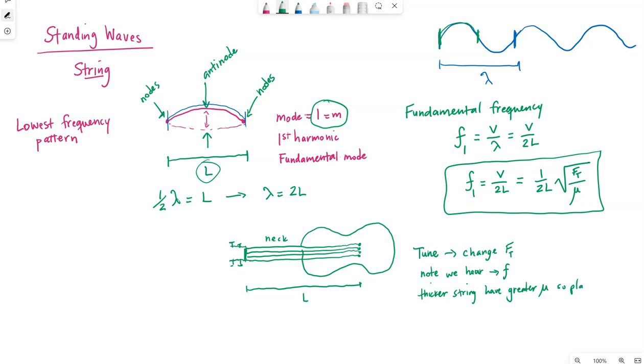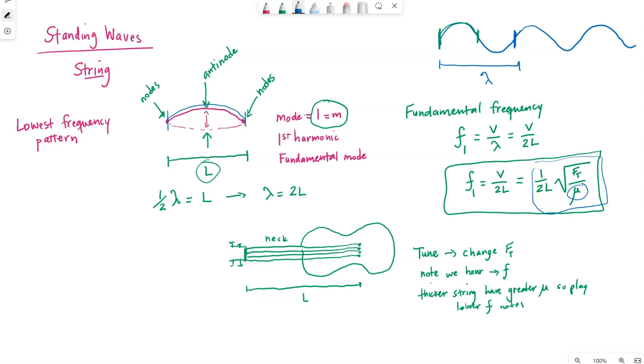So they play lower notes, lower frequency notes. And we can see that mu is in the denominator here, which if mu gets bigger in the denominator, that makes this whole term get smaller when we're not changing anything else. So that's what this means.